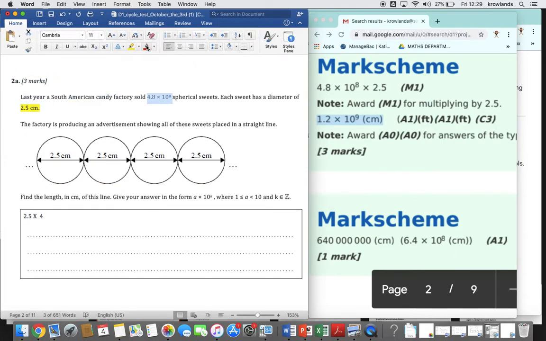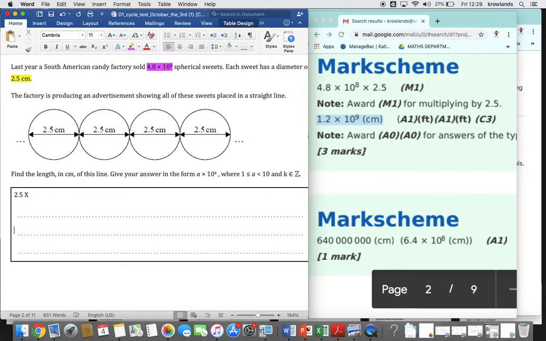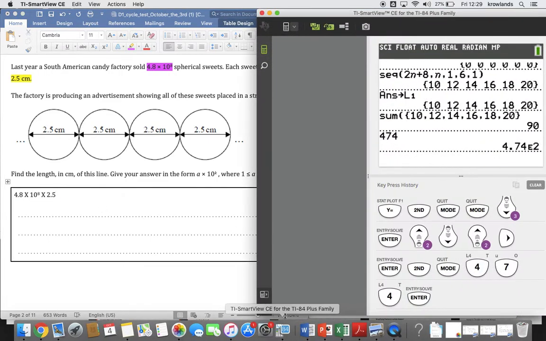So what I need to do is take the pink information and multiply it by the yellow information. So 4.8 times 10 to the power of 8, and then times 2.5.